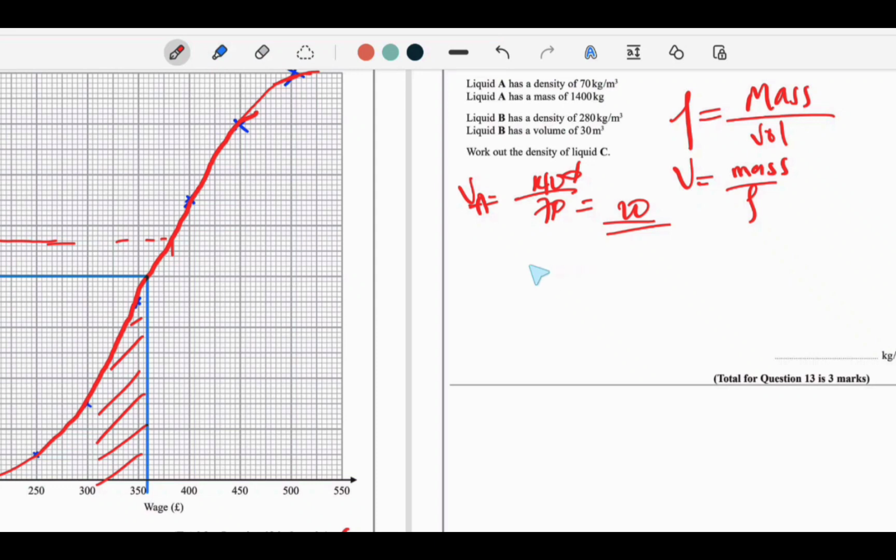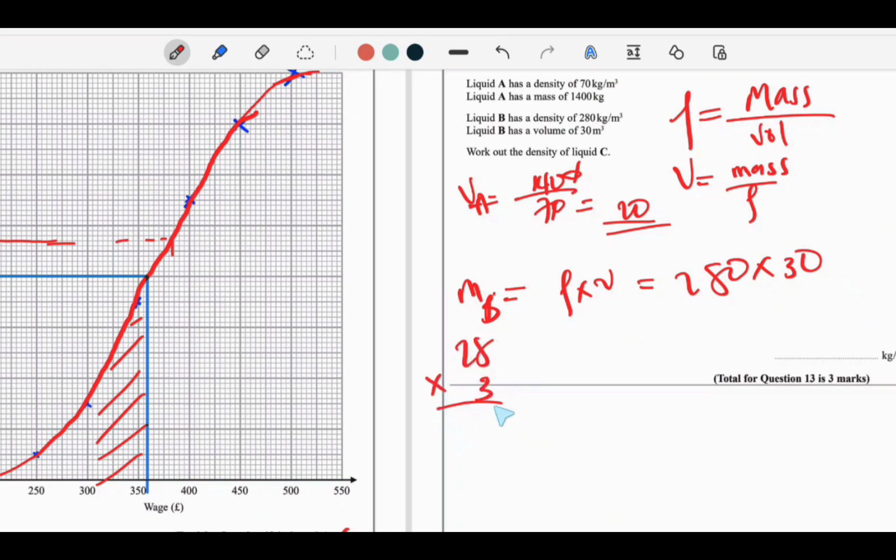For B, they give its density and its volume, so we need to find its mass. The mass of B would just be its density times its volume, which would be 280 times 30. So I'm just going to quickly do 28 times 3, 4, 2, 6 plus 2 is 8. And that would give me 8400.